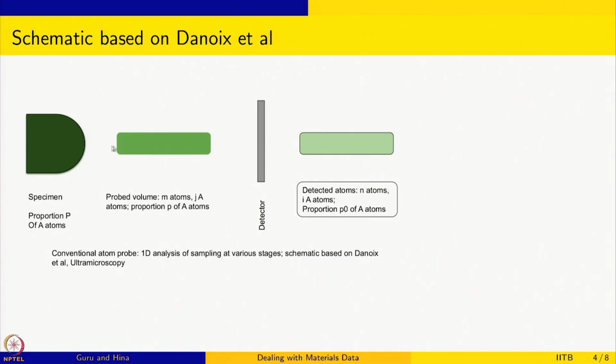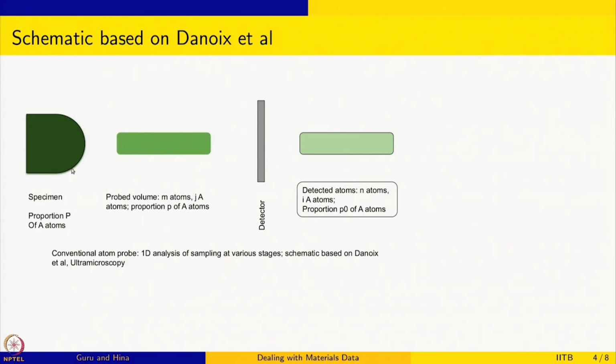Then these M atoms that you take from the specimen are expected to fall on the detector, but only N of them are detected by the detector, and I is the number of A atoms in the detected sample, and the proportion is P0 of A atoms in the detection stage.